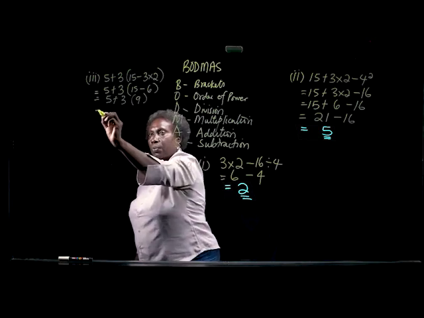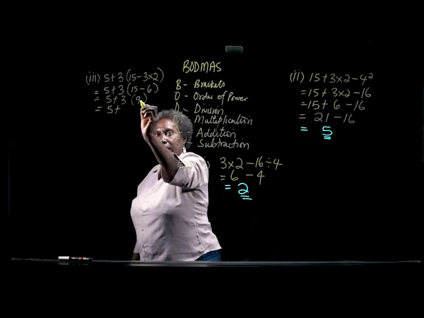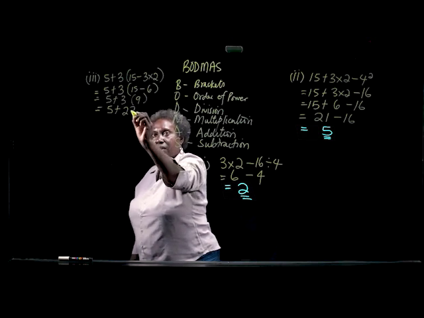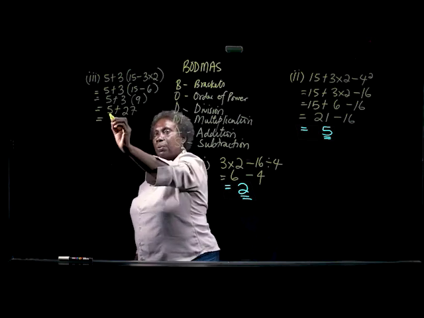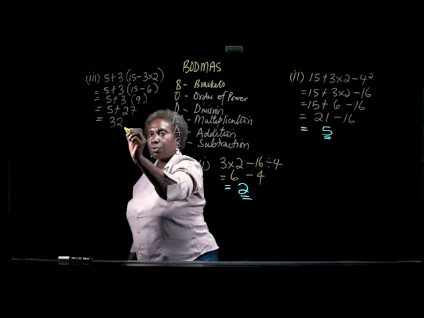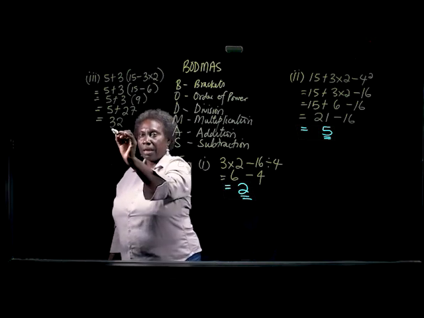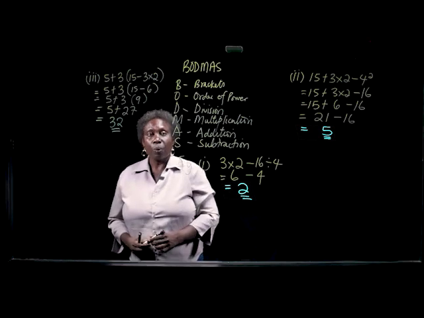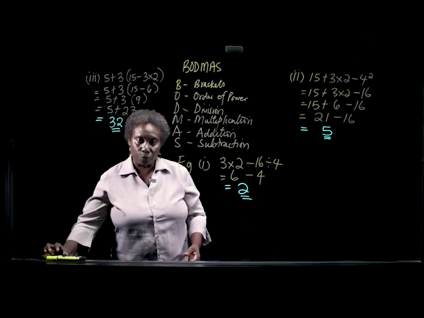So, this one will be equal to 5 plus 3 times 9, which is 27. Then we add the two numbers. So, we have 5 plus 27, which is 32. Now, our final answer is 32 when we refer to our BODMAS rule.